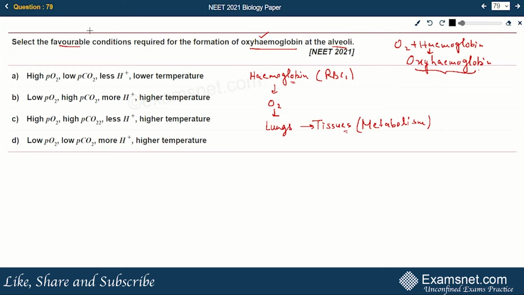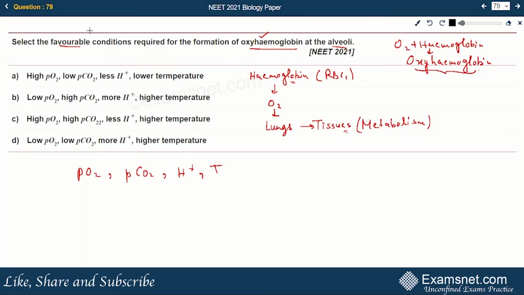Now there are primarily four things that affect the formation of oxyhemoglobin, right? First one is partial pressure of oxygen, then partial pressure of carbon dioxide, then hydrogen ion concentration and temperature. Now what is the appropriate condition for the formation of oxyhemoglobin?